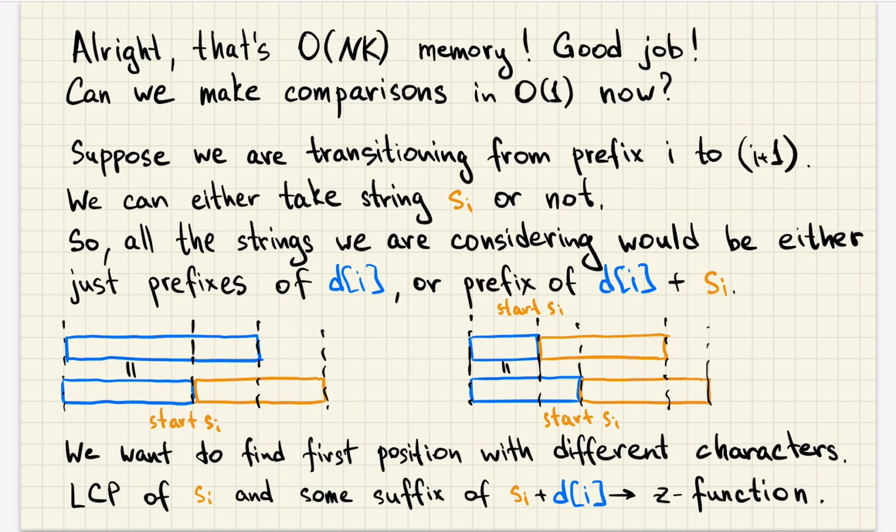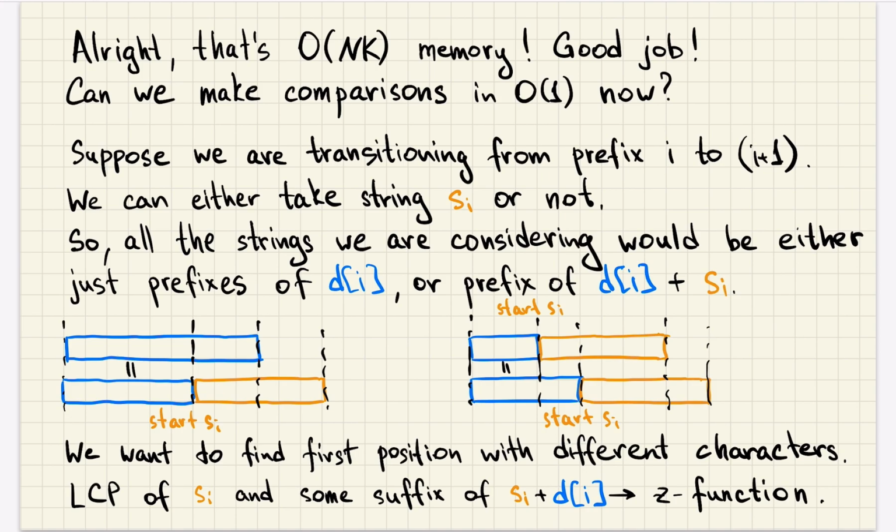To compare two strings lexicographically, we want to find the first position which is different. But since we know that those blue parts are just prefixes of d_i, we know that they're equal. So this part is equal to this part, and this part is equal to this part.